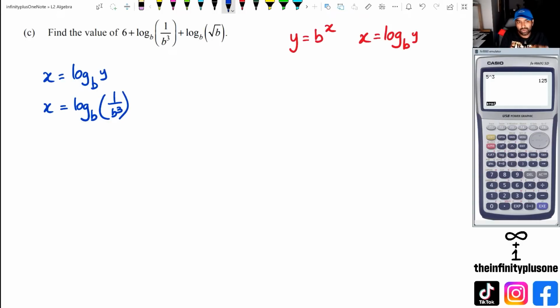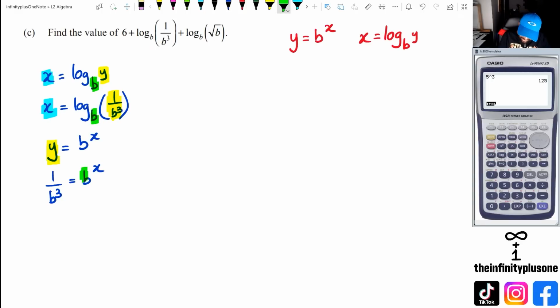Now if I look at this whole equation, I can rearrange this as y equals b^x, because if I match it, this is the y part here, this is the base, and this is the x by itself. Remember that x equals log base b of y is the same thing as saying y is equal to b to the power of x. So the y is 1 over b to the power of 3, which equals b to the power of x, because I already have that b.